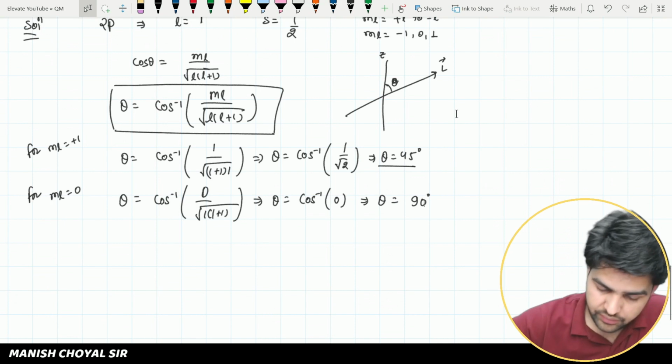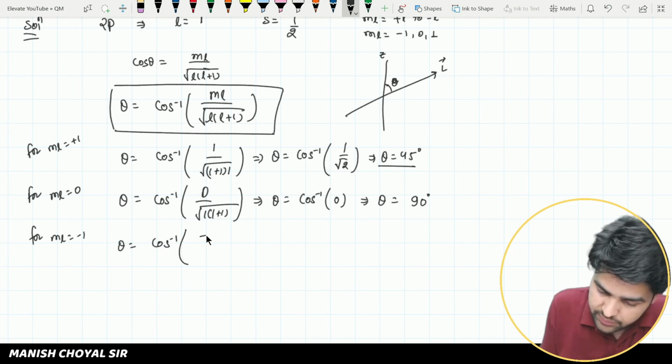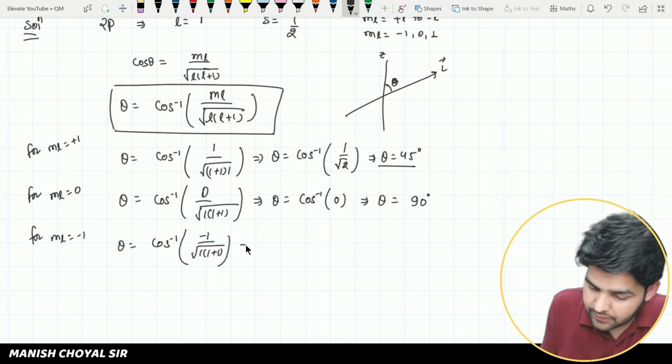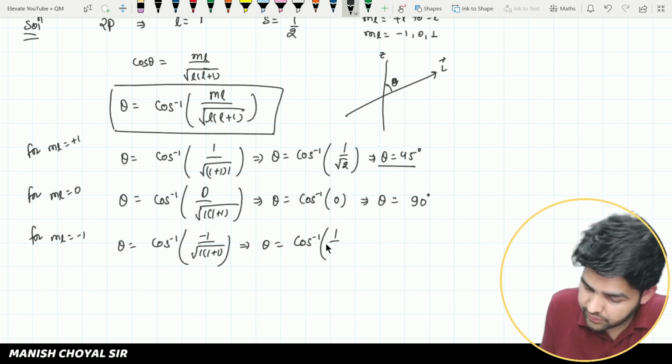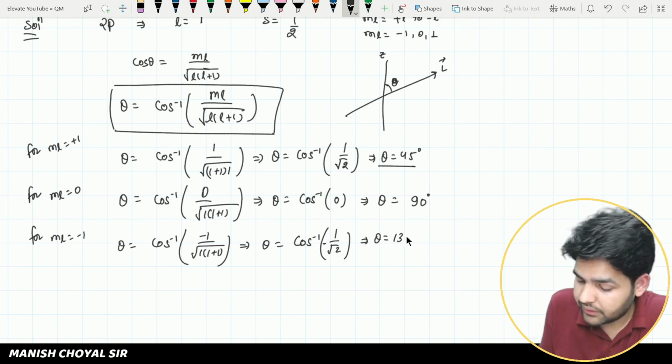And for ML equals minus 1, theta is cos inverse of minus 1 divided by √2, so theta equals 135 degrees.